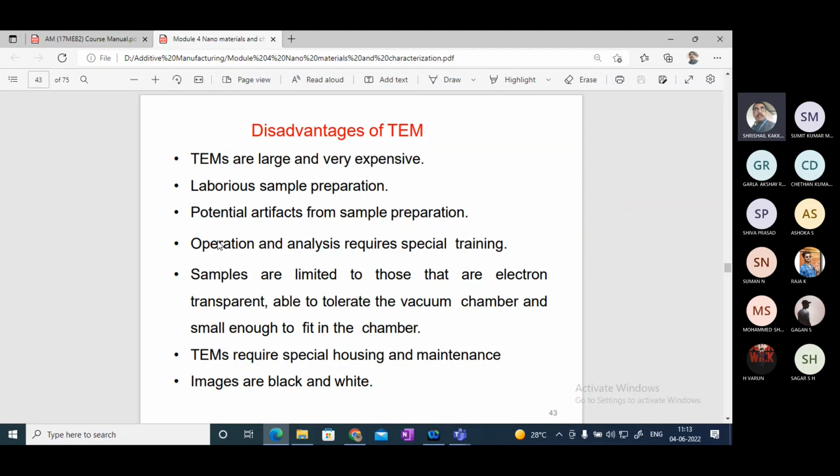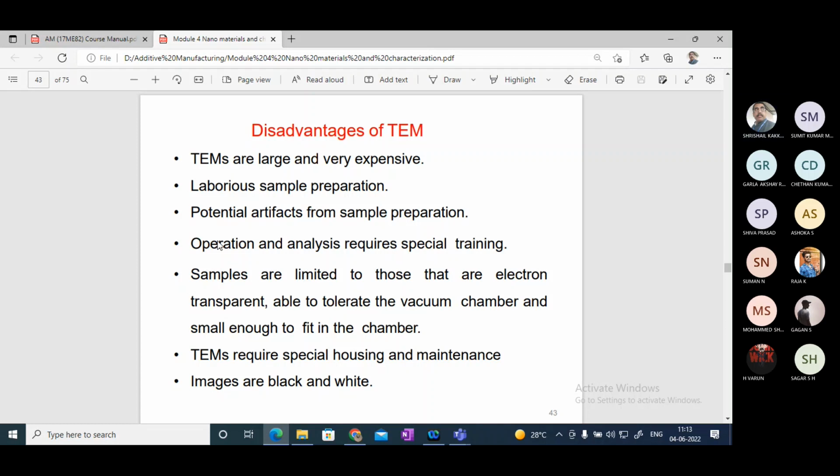Okay, and it has to allow the electrons to transfer through it in the vacuum chamber, because it cannot be operated in the air, because once the air collides with the electrons, it will change their direction, and the purpose of having this electron microscope will not work out. So it should always be operated in a vacuum chamber, and only the materials that allow the electrons to transfer through can be used. This is one of the restrictions.